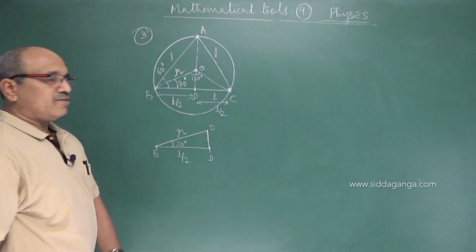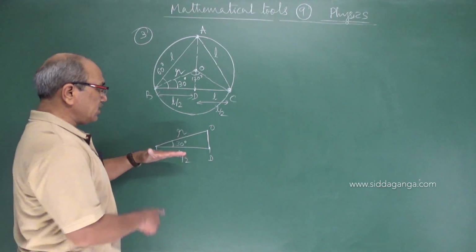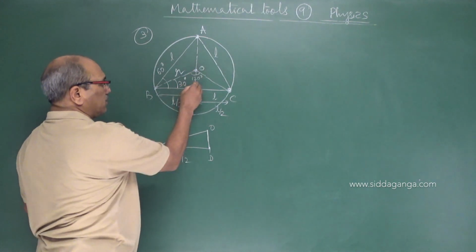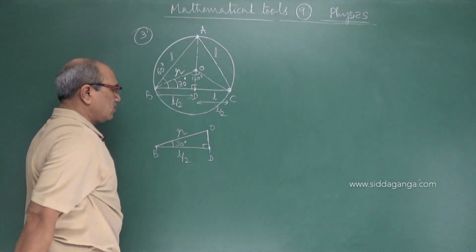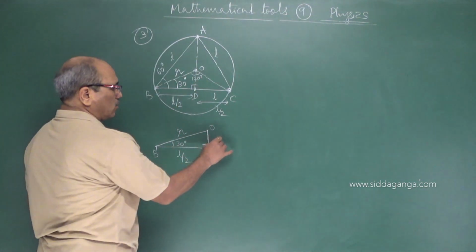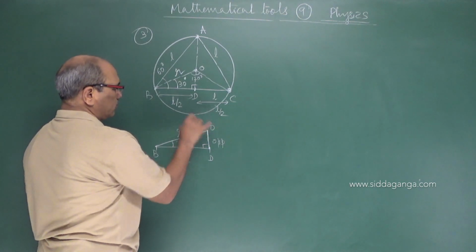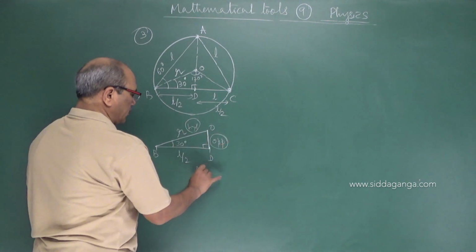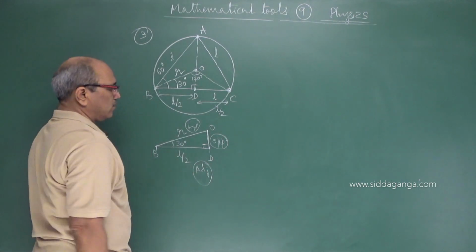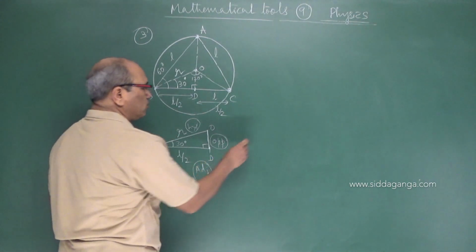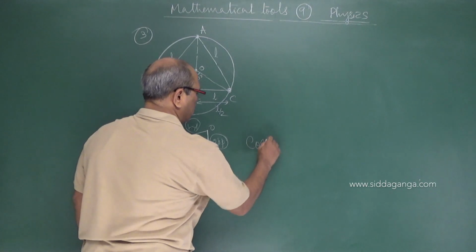Take it in the numerator. R is known, denominator. In this right angle triangle, this is 90 degree and this is the angle, you call it the opposite side, hypotenuse, and this is the adjacent side. Adjacent side by hypotenuse you defined as cos theta.